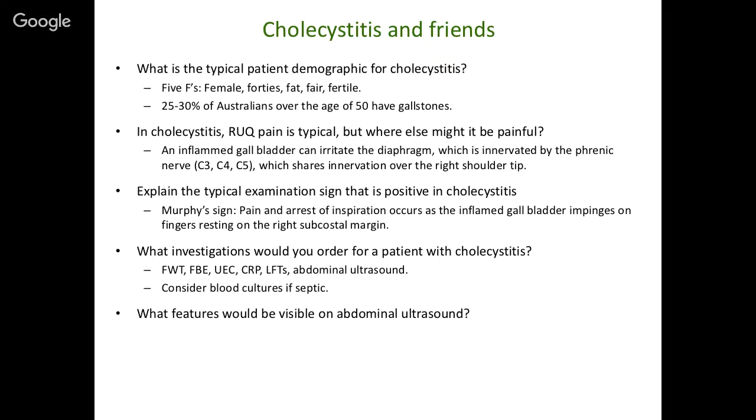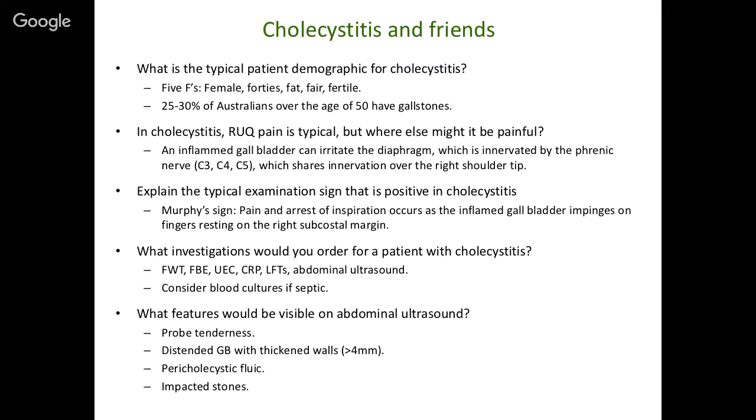Yeah, you can get free fluid around the gallbladder associated with the inflammatory process. Probe tenderness, so when you put the probe on them, they get tender or they get pain. A distended gallbladder with thickened walls, and you might see impacted stones, specifically in Hartmann's pouch, which is the junction of the neck of the gallbladder and the cystic duct.